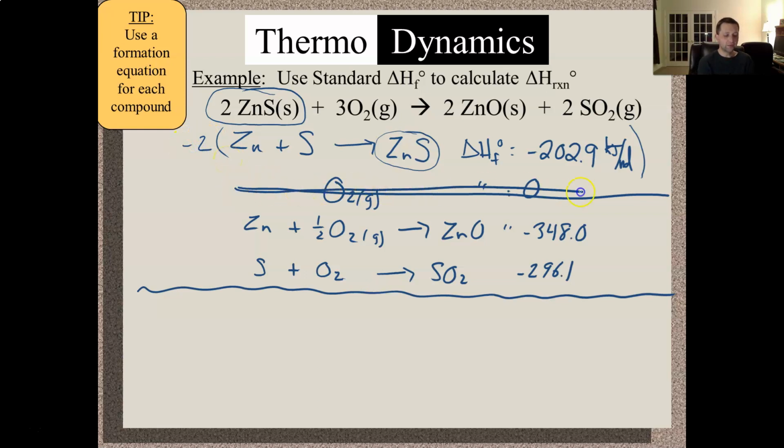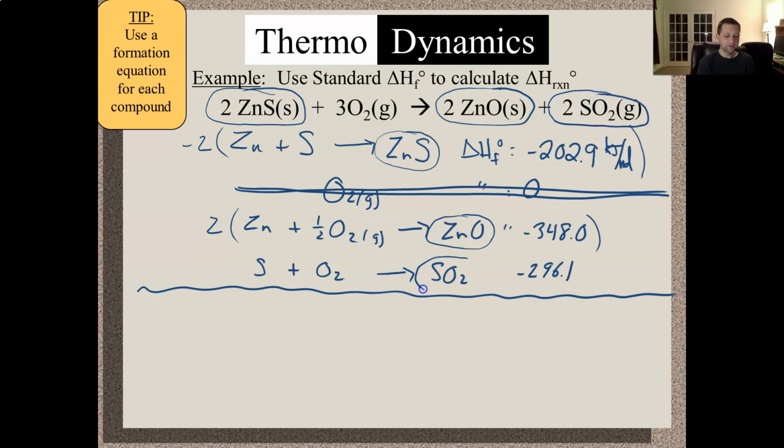The oxygen we're not worried about. It gives us a 0 kilojoules per mole anyway. So we'll have to get our oxygen from the other components. Zinc oxide is a product, and in your formation equation, it's a product here. The only difference is I need 2 moles of it, so I'm going to multiply this formation equation by 2. Finally, SO2 is a product.